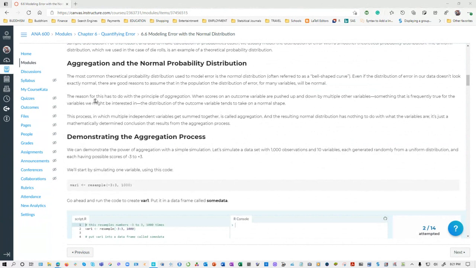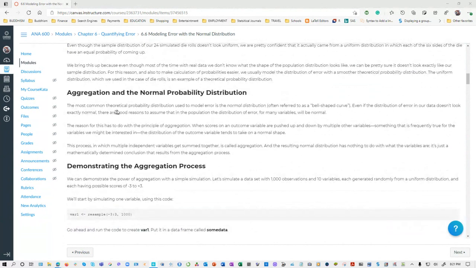The most common theoretical probability distribution is the normal distribution. See, the sample doesn't look normal. The reason for this has to do with the principle of aggregation. We saw that scores on an outcome variable are pushed up and down by multiple other variables, which is frequently true for the variables we might be interested in.